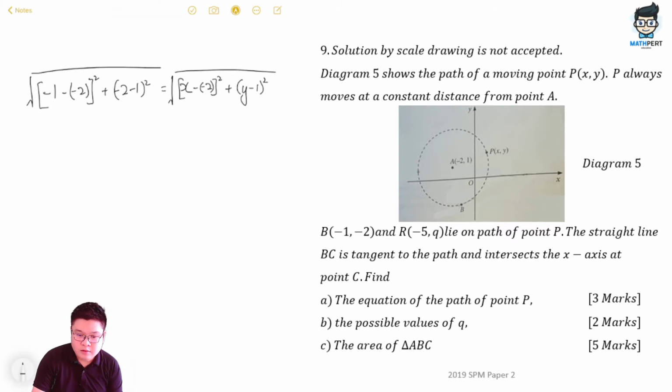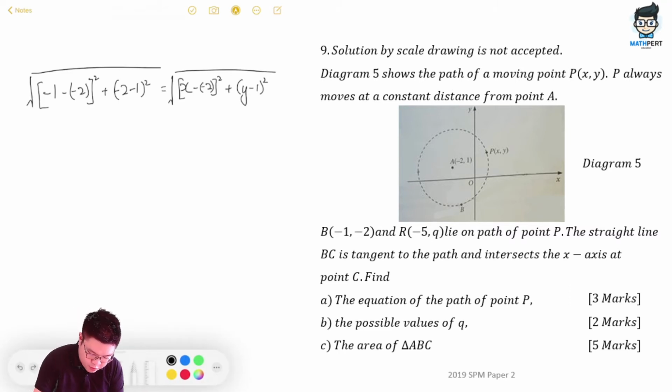Do you notice that the left hand side of the equation is the distance between 2 points, and the right hand side of the equation is the distance between 2 points as well? So how do we remove the square root? By squaring both sides.